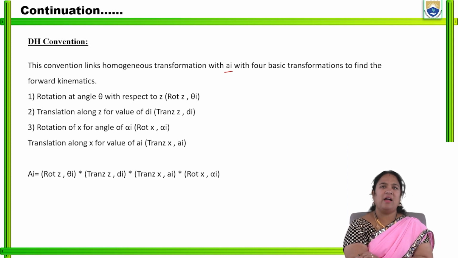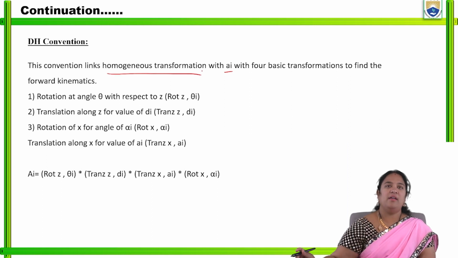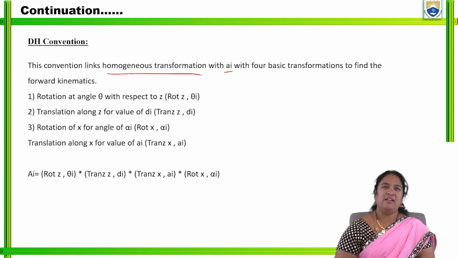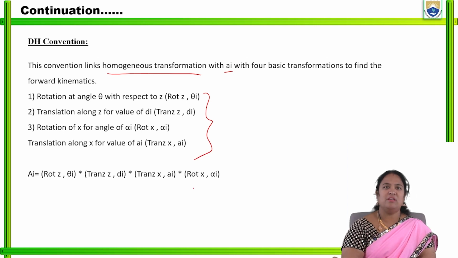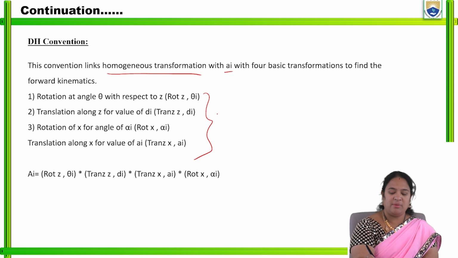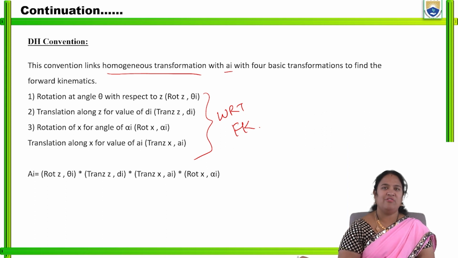This particular convention is related with the homogeneous transformation, right? So the Denavit and Hartenberg convention is linked with the help of the homogeneous transformation, where ai will follow four basic rules with respect to the forward kinematics. In order to get the DH convention with the help of the homogeneous transformation, we need to find these four basic rules.